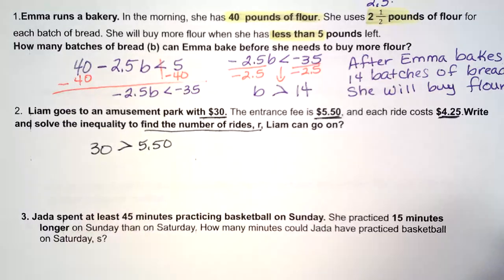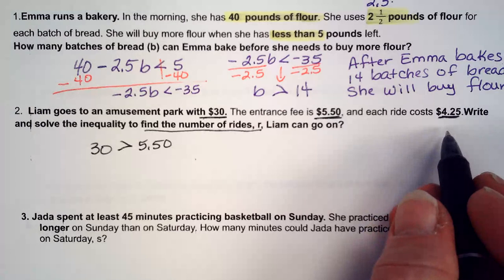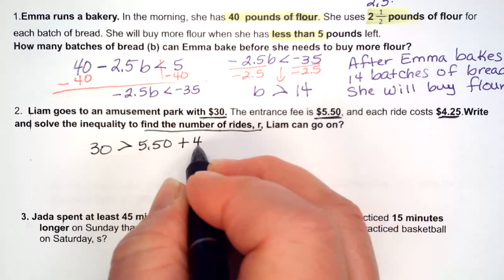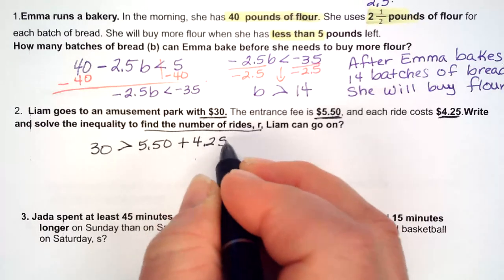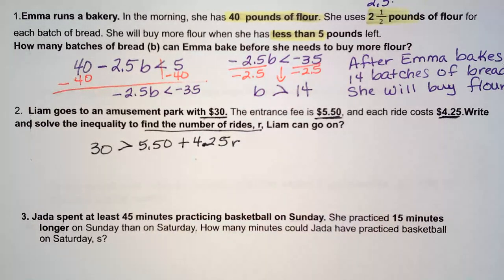Will he pay that more than once? No. But in addition to the entry fee, what else does he pay for? $4.25 for each ride. And this is where the R comes in. How do we solve?